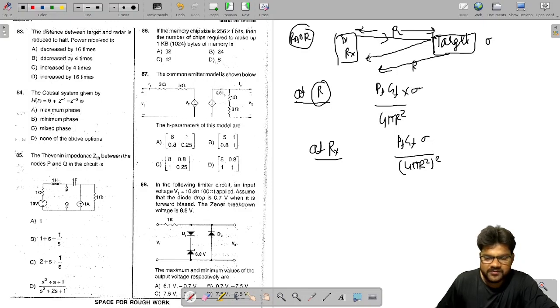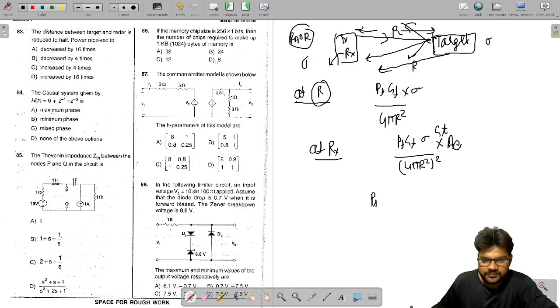So this is the power here, and let us say this receiver has an effective aperture area. How much power is captured by this receiver depends on its effective aperture area, because whatever power it is transmitting goes in all directions. The power received will be multiplied by this. Let's call Gr equal to Gt.